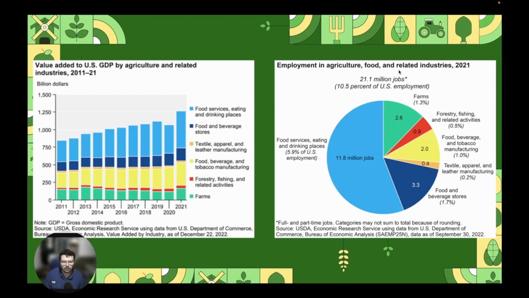In total, anything food related only makes up 10.5% of the U.S. economy. So food generally and agriculture specifically are a very small portion of the U.S. economy. A lot of countries, just farms alone will make up 10, 20, 30, 40% of the total employment for that country, and that has to do with economic development.